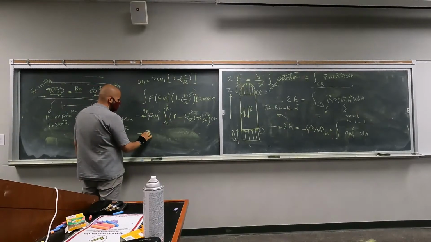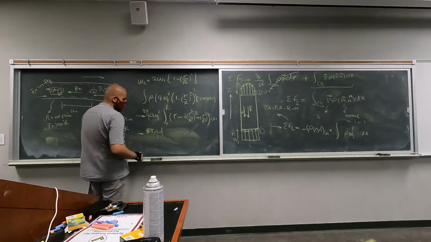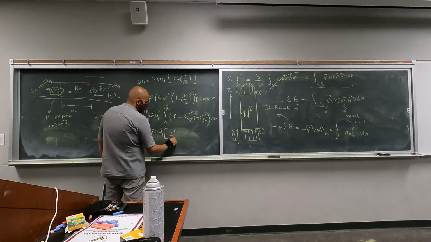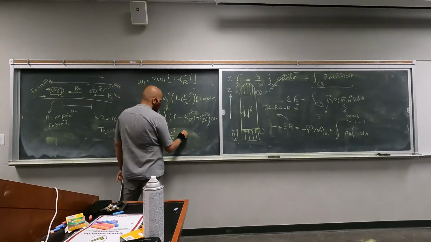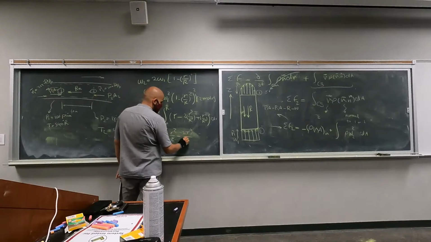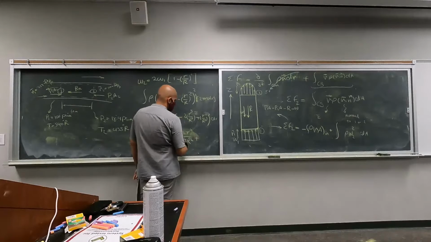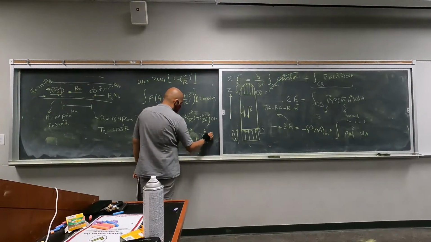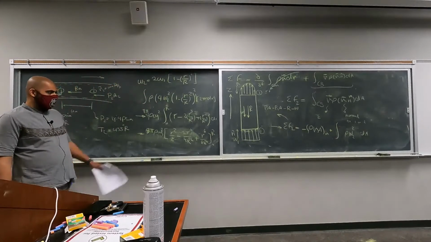So we have 8 pi rho W1 squared times (r squared over 2 minus 2 r fourth over 4R squared plus r sixth over 6R fourth), from 0 to R. If you put in 0, this will become 0.